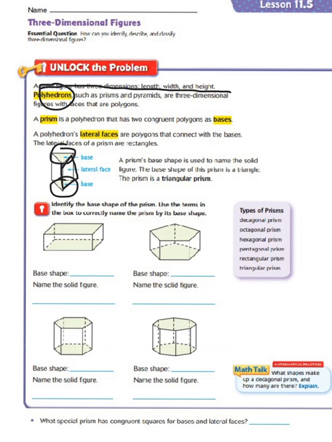So, identify the base shape of the prism. Use the terms in the box to correctly name the prism by its base shape. So, its base shape, which is going to be the top and the bottom that it would sit on. If we look at those base shapes and outline them, of course mine's not perfect, we will see that the base shape is going to be a rectangle.